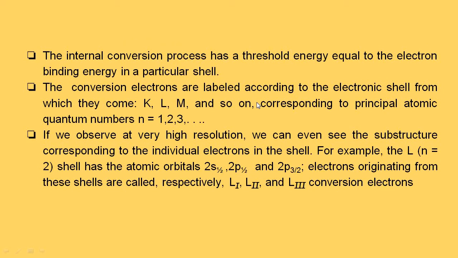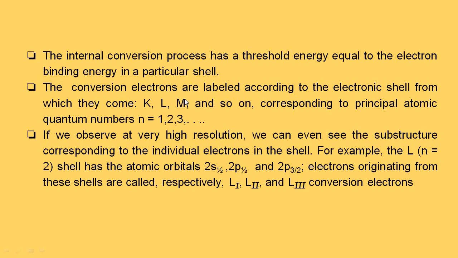The internal conversion process has a threshold energy equal to the electron binding energy in a particular shell. So internal conversion electrons cannot be emitted if the available energy is less than the binding energy.